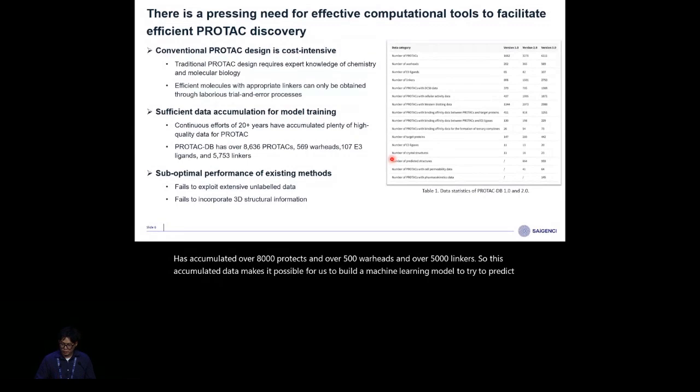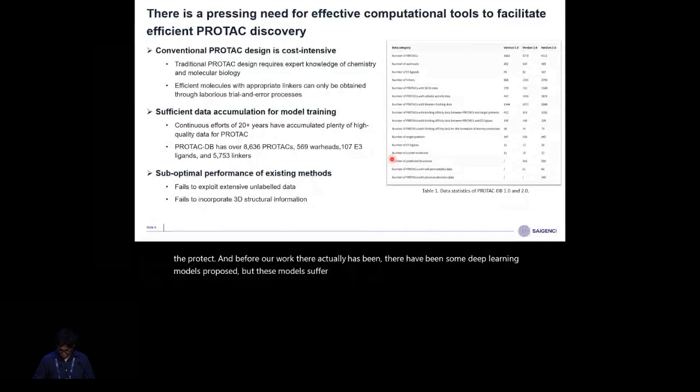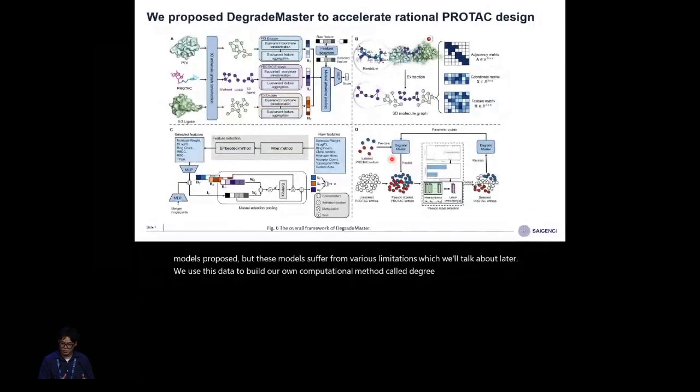And before our work, there actually have been some deep learning models proposed, but these models suffer from various limitations, which we'll talk about later. So we use this data to build our own computational method called DegradeMaster that can accelerate the design of the PROTAC molecule. So this is the overall framework of our model.